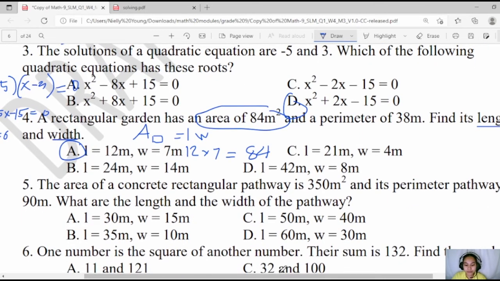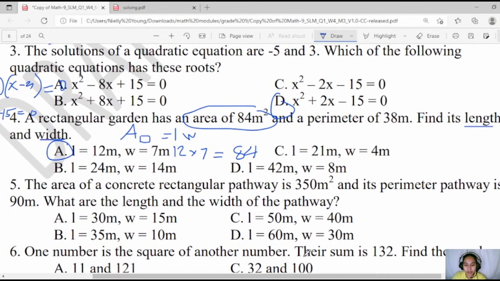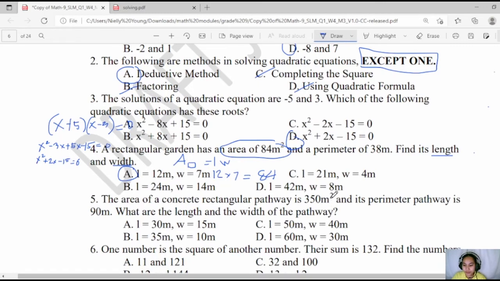Number 5. The area of a concrete rectangular pathway is 350 square meters and its perimeter is 90 meters. What are the length and the width of the pathway? It's just the same as number 4. The area of the rectangular pathway is 350, and area is length times width. Since the area is given, which is 350, what are the length and width?